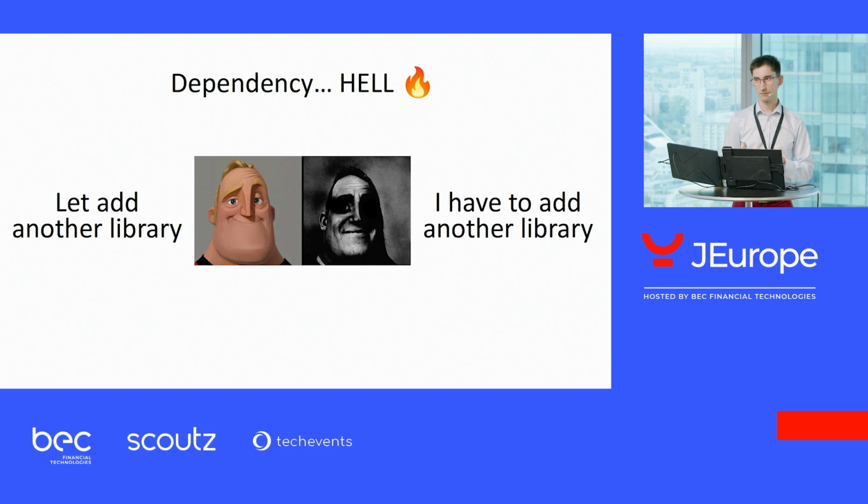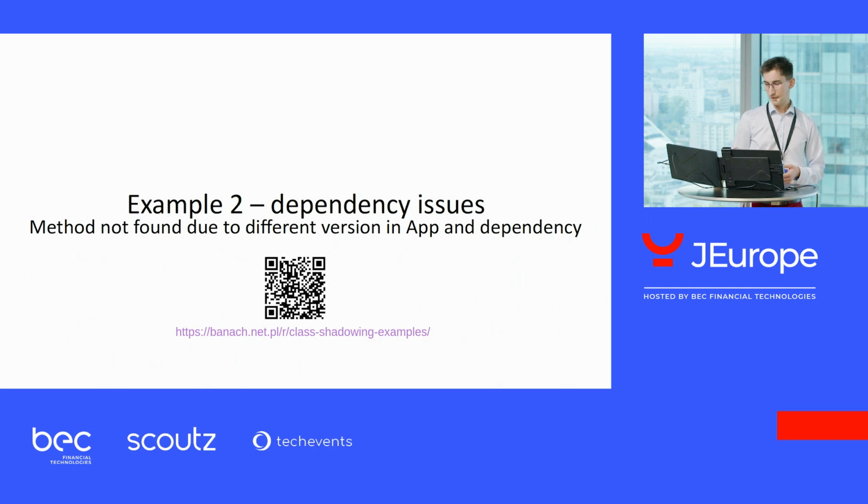And this can be easy if it is only two dependencies. We can bump the version of Redis or bump the version of the Elastic client. But if we have more of these package dependencies, it can be problematic. And let's see the second example, how this situation can happen.